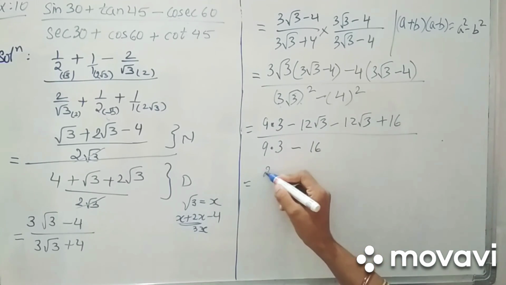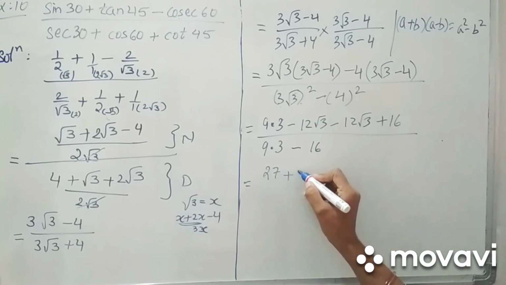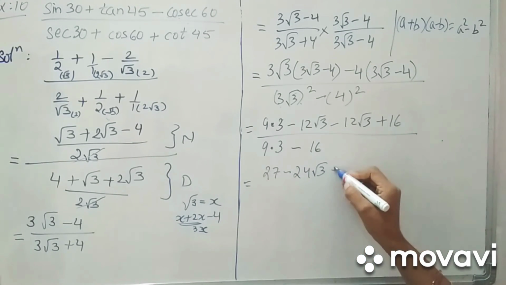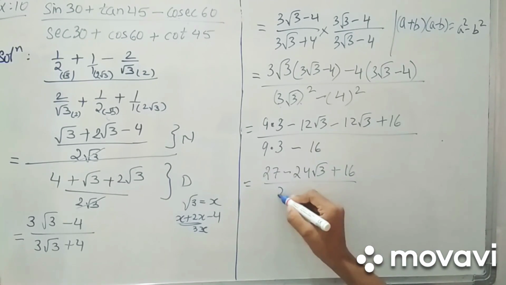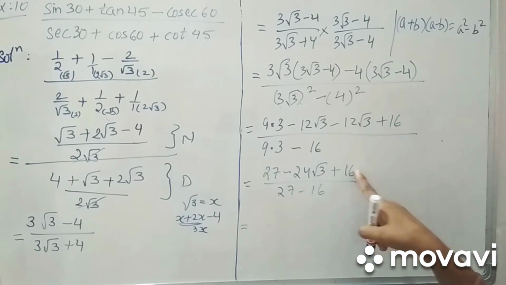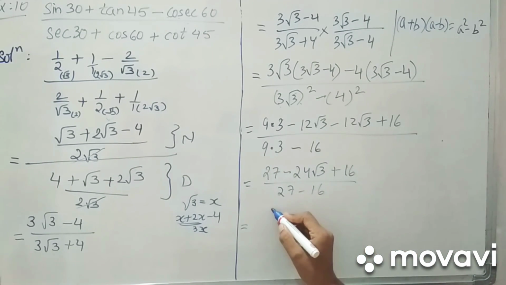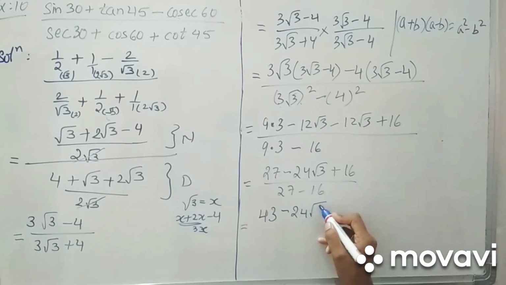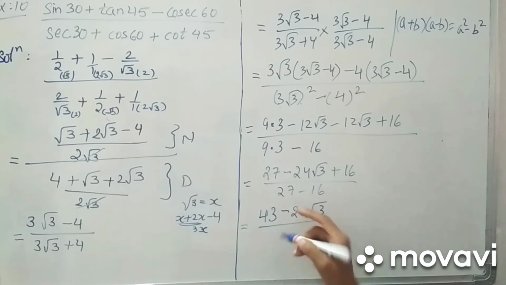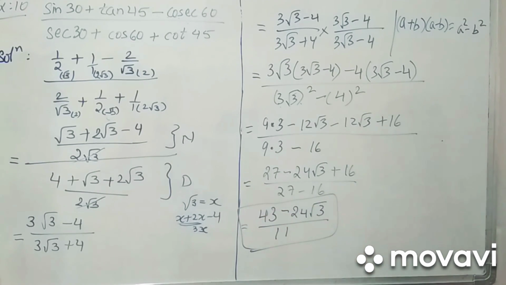This is equal to 27, minus 24 root 3 with the negative sign, plus 16, upon 27 minus 16. 27 plus 16 will give me 43 minus 24 root 3, whole upon, subtracting this one will give me 11. So this is my answer.